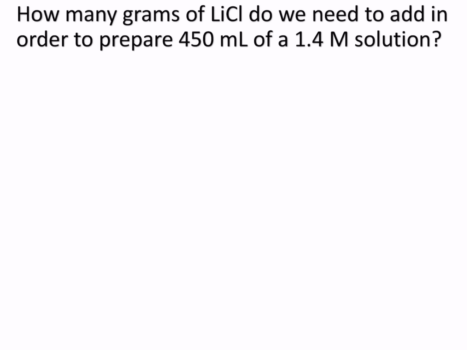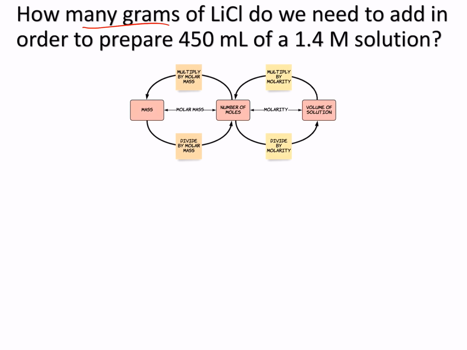In this case now, how many grams of lithium chloride we need to add in order to prepare 450 milliliters of that 1.4 molar solution. This volume here is 0.450 liters. So we have volume, we have the molarity, with which you can calculate number of moles, and then in this case we are asking for mass.